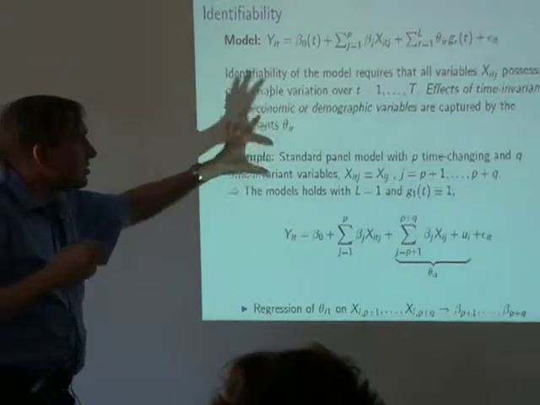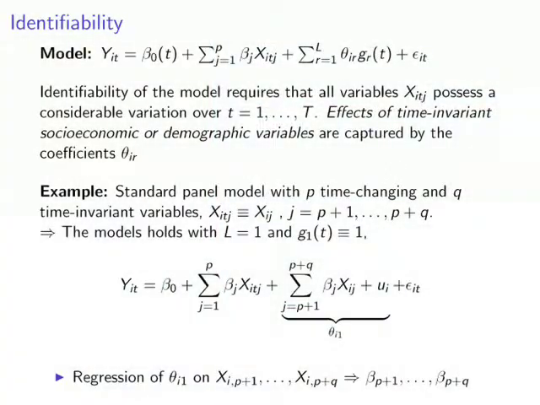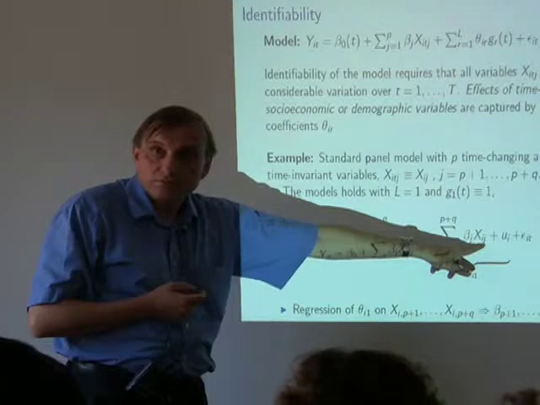So usually you should not include time invariant demographic variables. You can show it's not identified. However, it's usually not so bad. But what you can do is, for example, here's an example, a standard panel model with p time changing and q time invariant variables. So you have p variables like this, which change with time, and you have another q variables where you have no t in it.